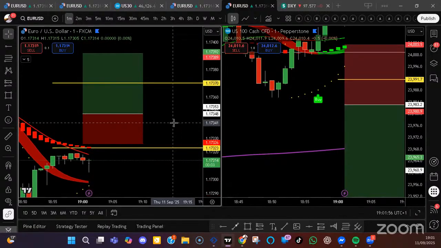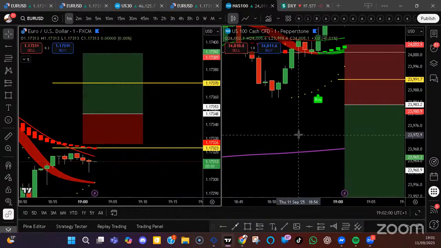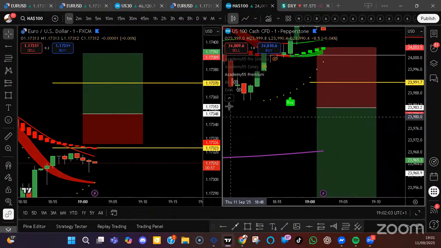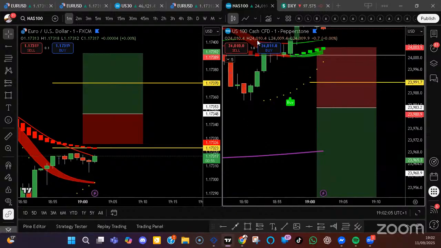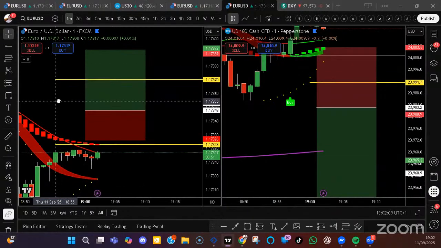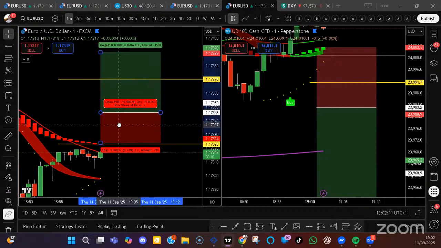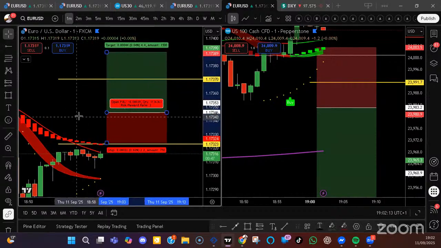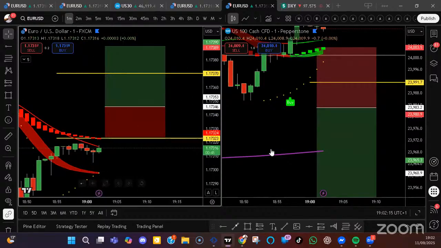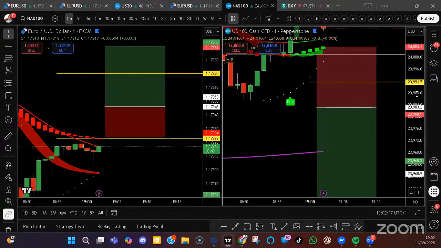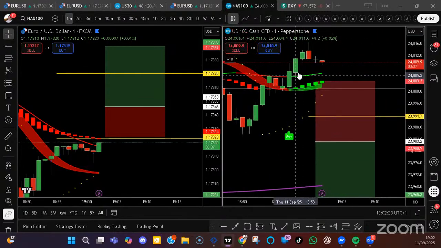At the moment, I've got both charts on, US 100 and EUR USD. At the moment, the best option would be a buy on the EUR USD, because the sell on the NAS100, if it picks up volume, there's no volume there at all.